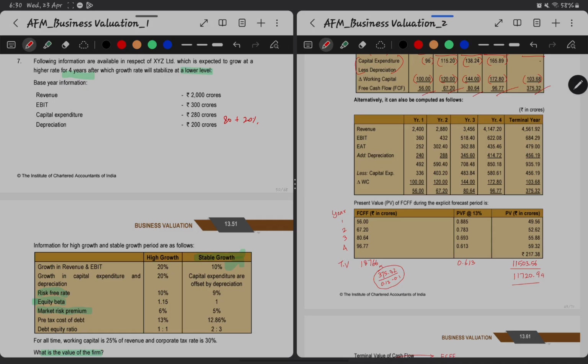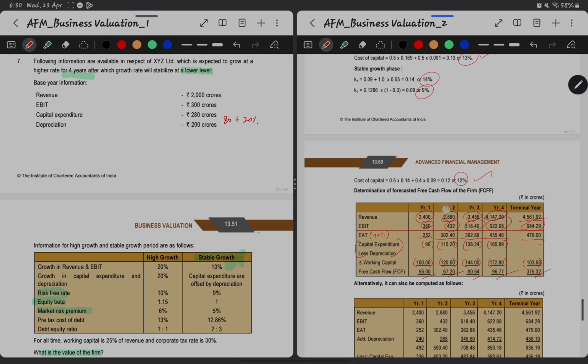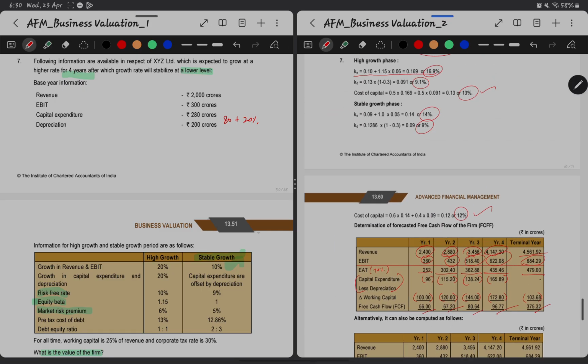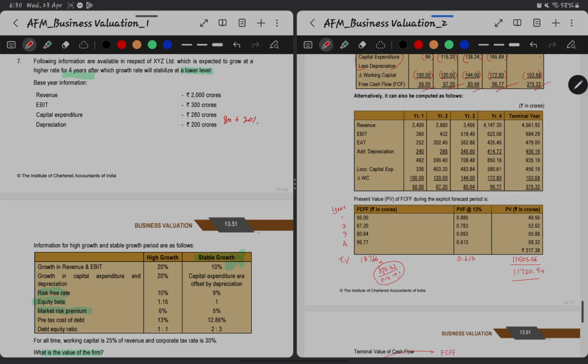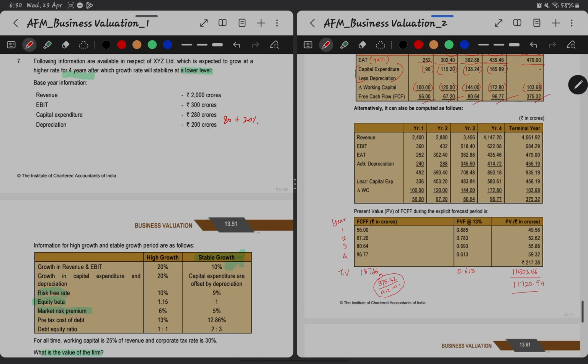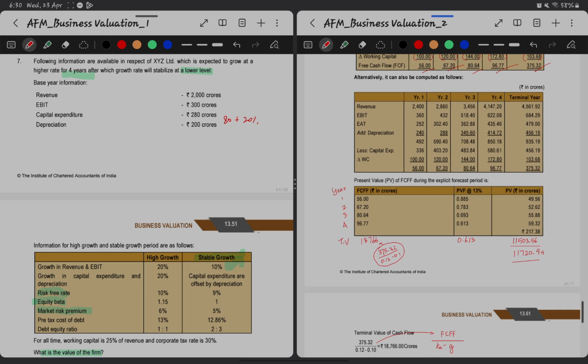So in our case, the KE which we found out is 12% for the stable growth, minus the growth rate is 10%, and 375.32 divided by 0.02 will give us the terminal value, which is nothing but 18,766.